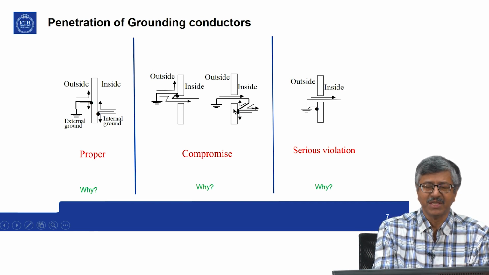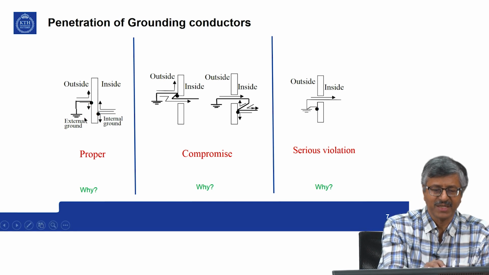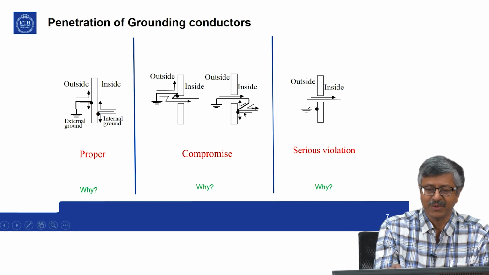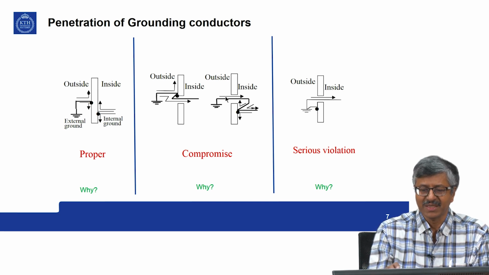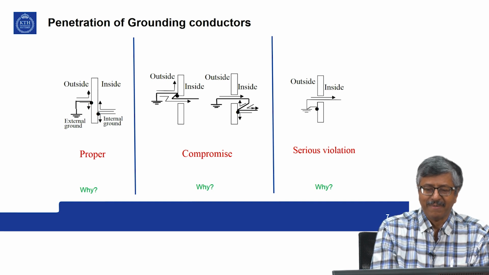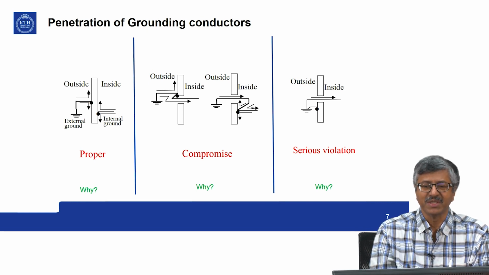This is not the best situation, but if this type of connection is not possible, one can do something like this. You can try to explain why it is most proper, why it is a serious violation, and why it may be a compromise, by looking at where the currents will be and looking at the zoning principles.